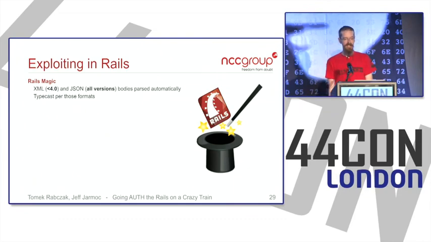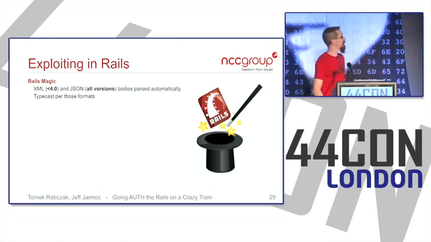XML and JSON bodies are parsed by Rails and are typecast according to the way those formats are normally parsed. XML is no longer supported out of the box in 4.0 and later, partly in response to the YAML deserialization issues that came a couple months before this vulnerability. JSON, however, is still supported.